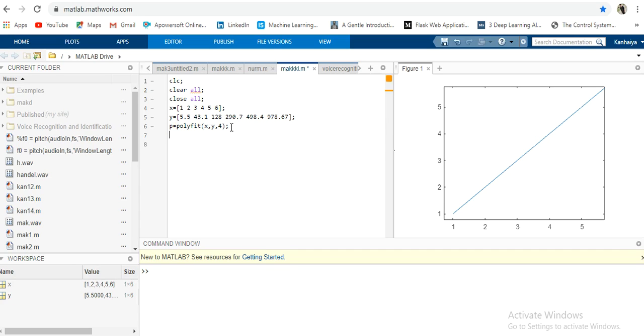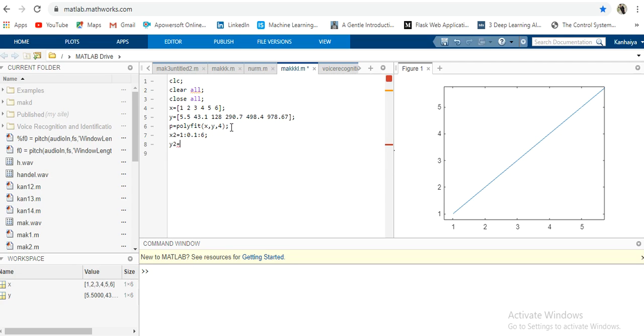Now we will take some range of data to plot it. Suppose x2 will be equal to 1 to 0.1. We will take small values, because we are not taking a large range, no? So we can take 0.1, 0.01 only. Now suppose in y2 we have the value of the polynomial at x2.